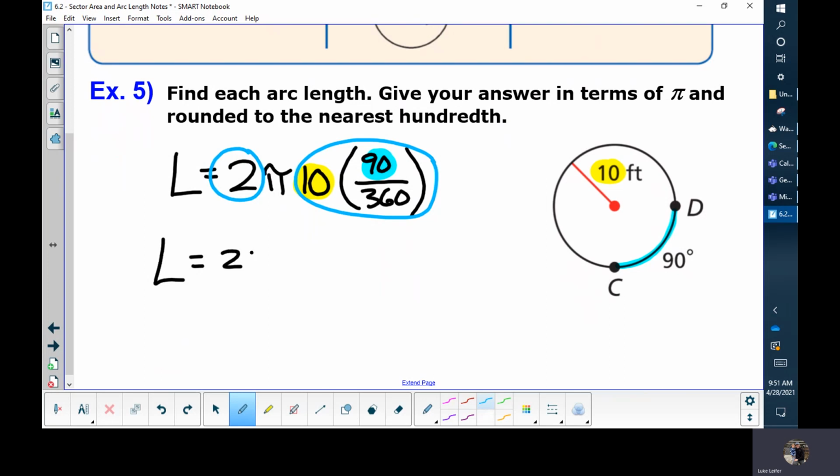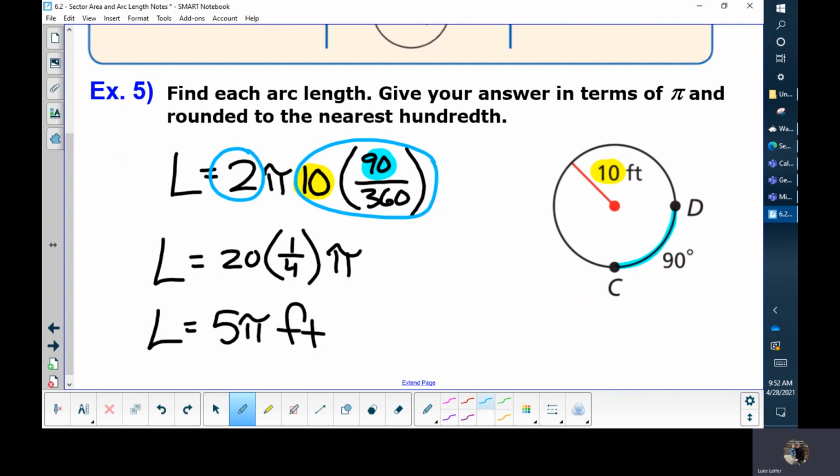So now I have 20 times, and this reduces to 1/4, right? And pi, I'm going to throw over here on the right. And what is 1/4 of 20, or what is 20 divided by 4? 5. So my exact answer is 5 pi, and this is in feet.